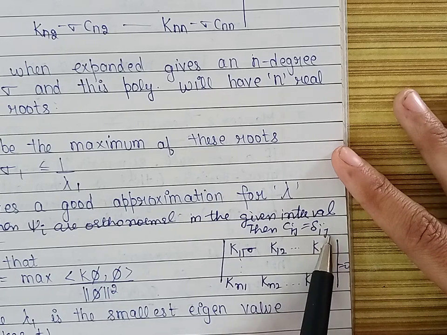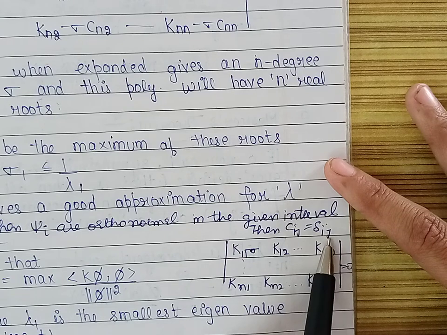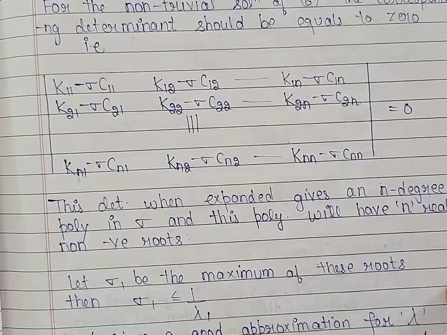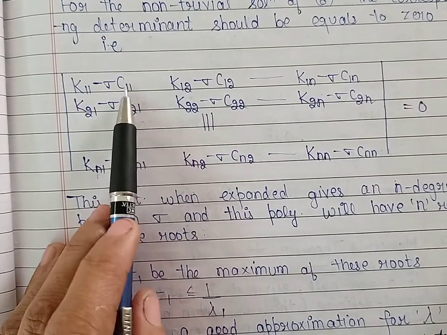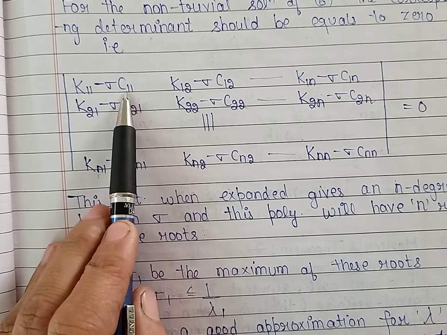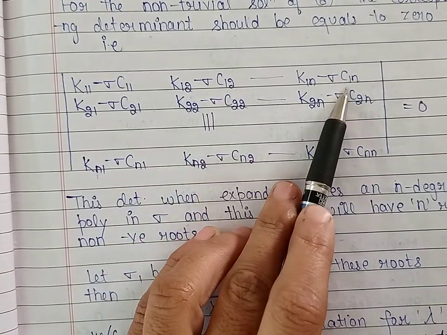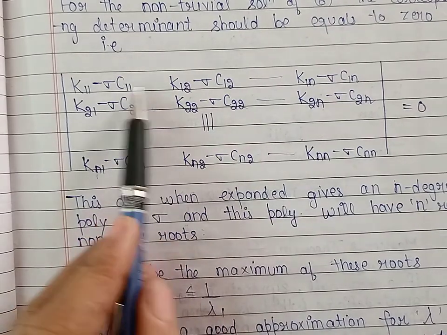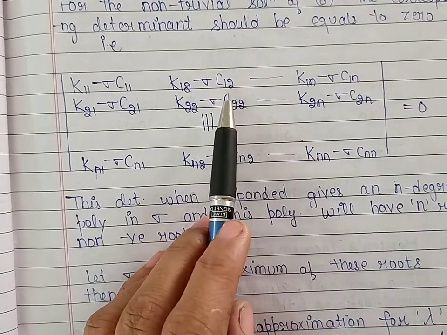If these two suffixes are the same, that function becomes 1, and if i and j are different, then this value will become 0. So by using this in the particular case, to make our computations convenient, c11 will be delta 11, so that will be 1, c12 will be 0, c1n will be 0. In the same way, all c11, c22, cnn will become 1, and all the other values of c_ij will become 0.